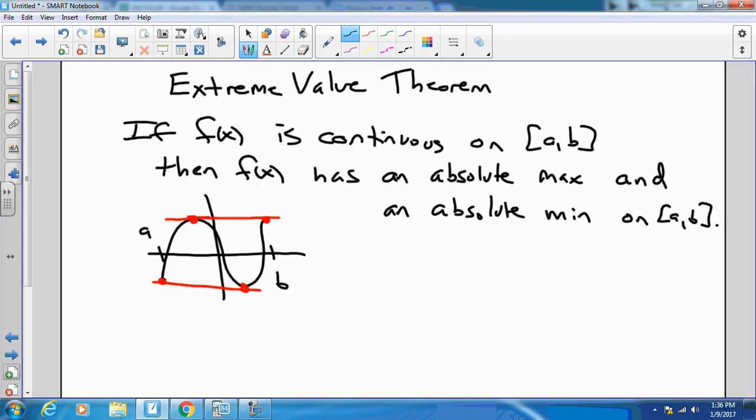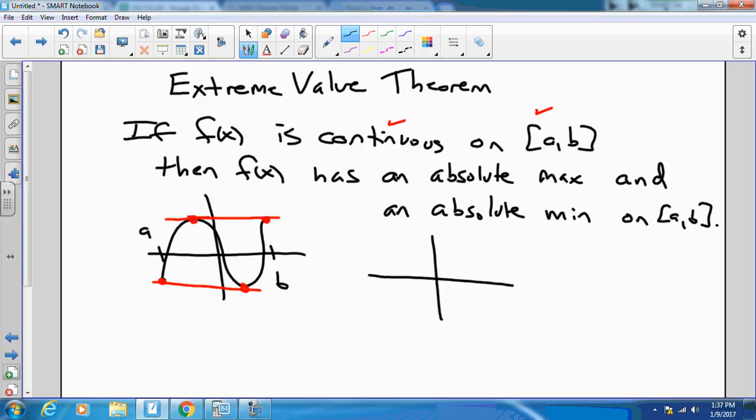Now, we have an idea of what functions have absolute maxes. And the answer is continuous functions on closed bounded intervals. Notice that there are two conditions. It has to be continuous, and it has to be continuous on a closed and bounded interval. If I don't meet those conditions, there is no guarantee.